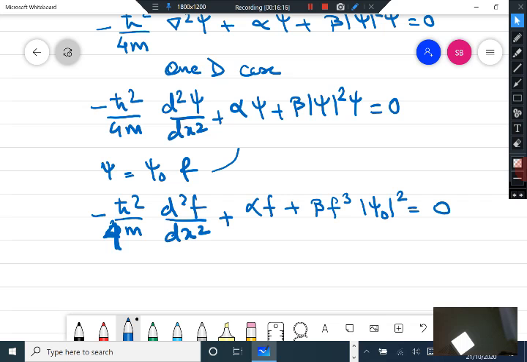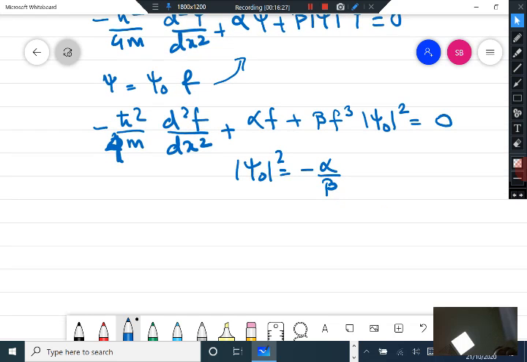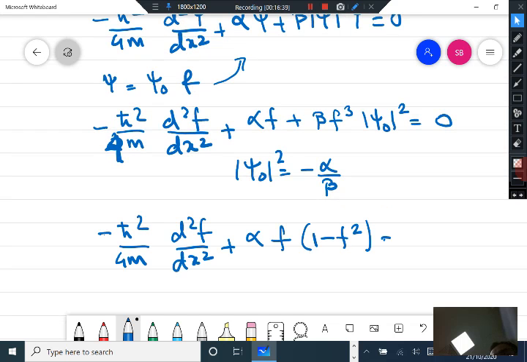Once you substitute this here, where now mod of psi naught square is minus alpha by beta, you can write this expression as minus h cross square by 4m d square f by dx square plus alpha f into 1 minus f square is equal to 0.